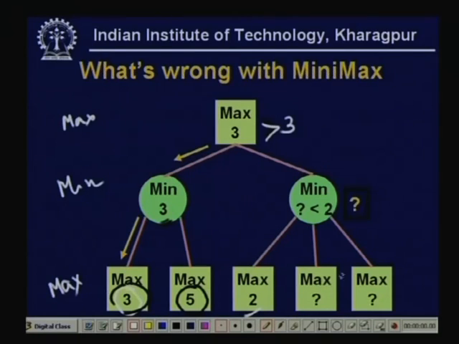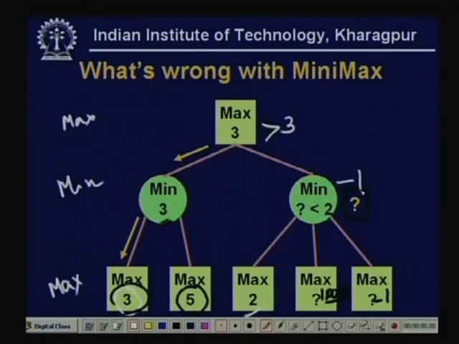Okay. For example, even if the value at this node is equal to, let us say, 100. Suppose the value is equal to 100, even then max will not be interested in this path, because in that case min value will be still less than 2. If the value here is, let us say, minus 1, the min value will be equal to minus 1.